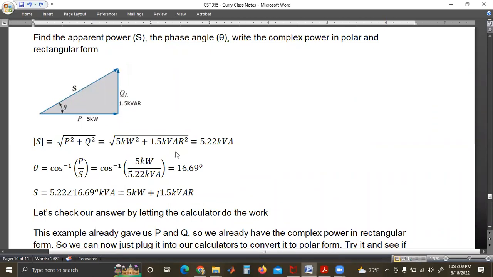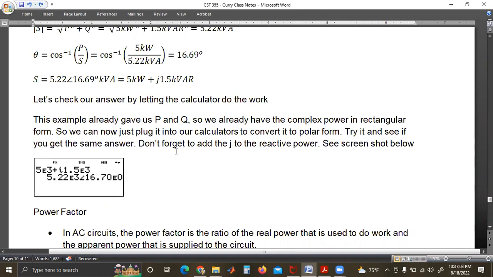For the next part, I want you to use your calculator to do the work for you. Make sure you understand how to enter these numbers into your calculator to convert from polar to rectangular and vice versa. If I were to plug this into my calculator, the entry would look something like this, where you have 5e3 plus j1.5e3.